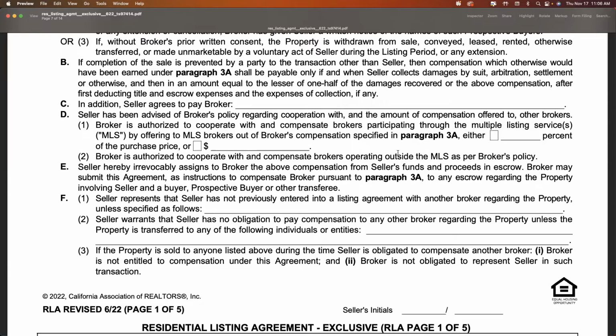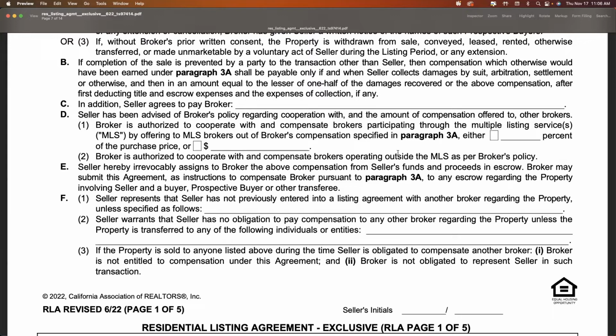Now, in this residential purchase agreement or listing agreement, you have to disclose to the seller the amount of compensation you are offering to MLS participants.